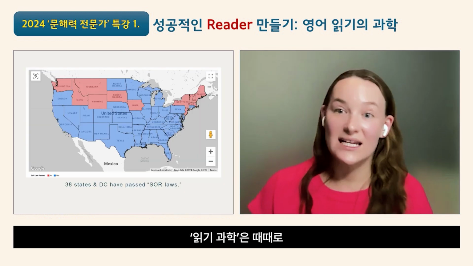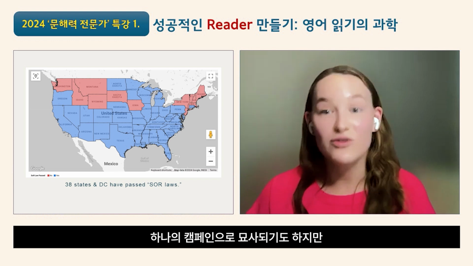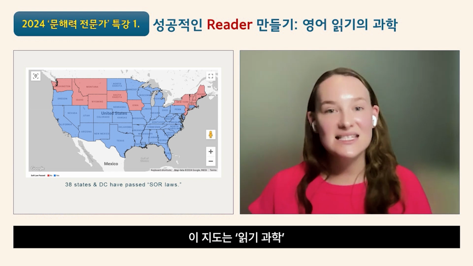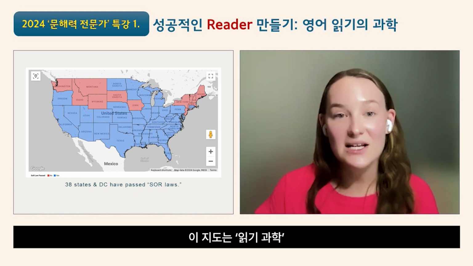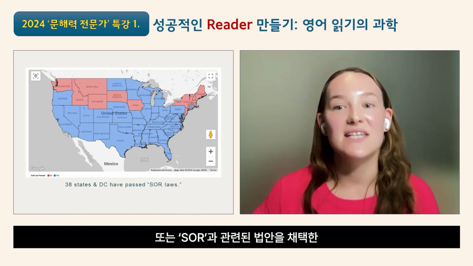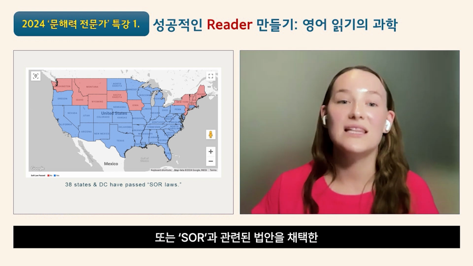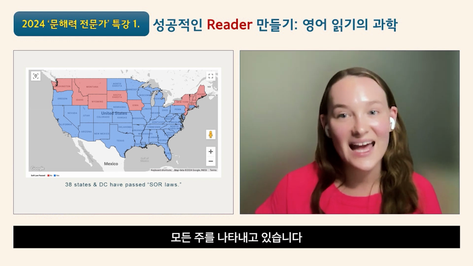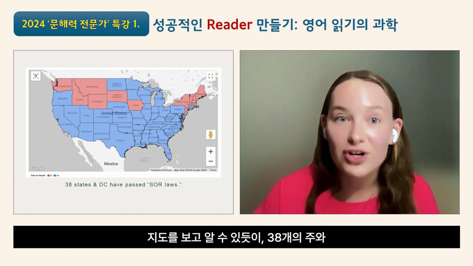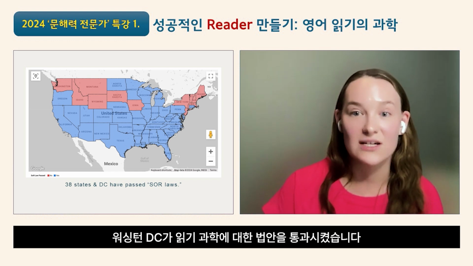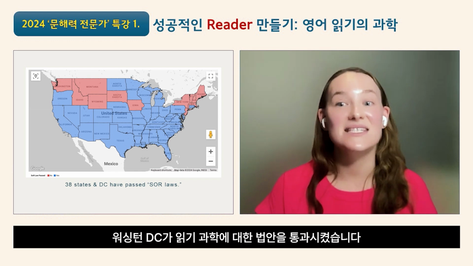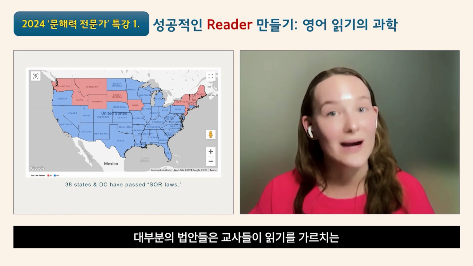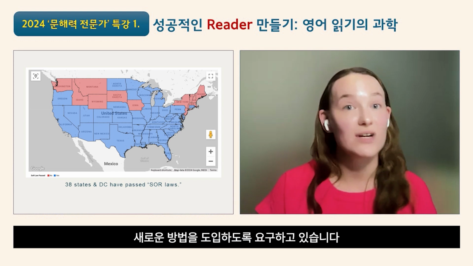The science of reading is sometimes described as a movement, and it's really more than just an interesting trend. This is a map that depicts all of the states that have taken up legislation related to the science of reading, or SOR. As you can see depicted in the map, 38 states and the District of Columbia have passed science of reading laws. Many of these laws mandate new ways teachers should approach teaching reading.